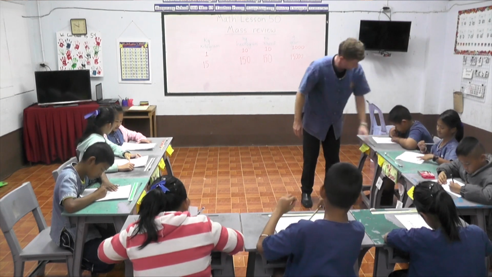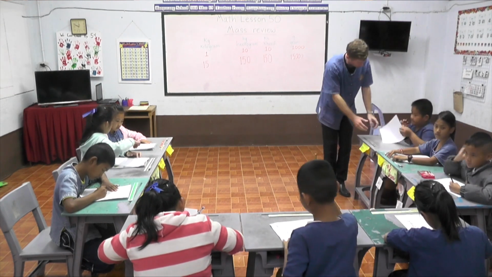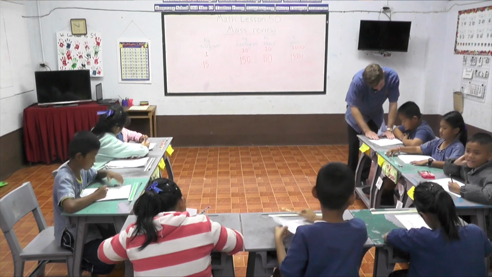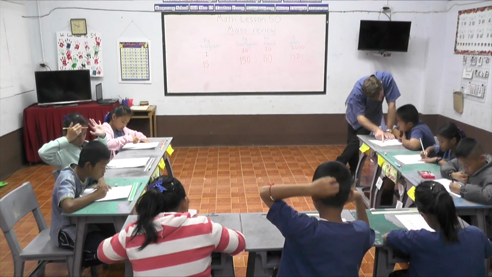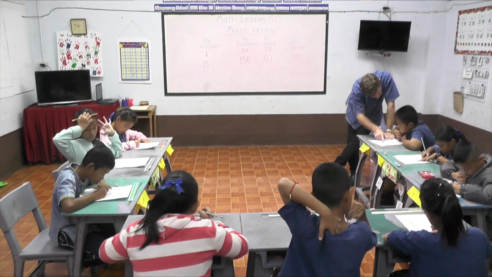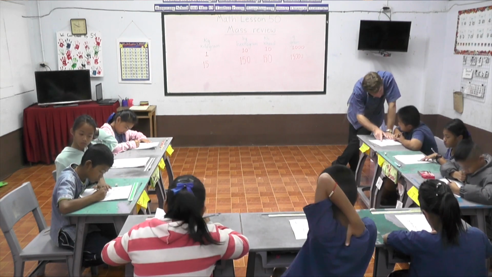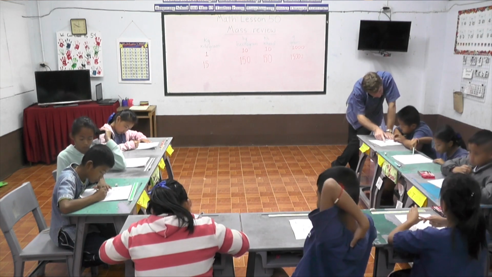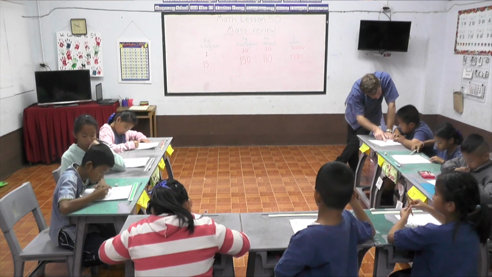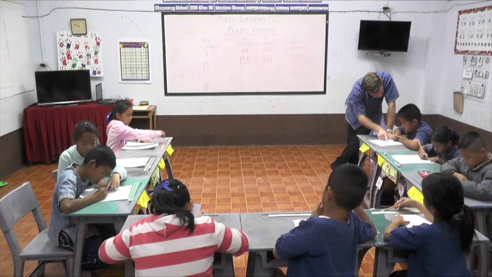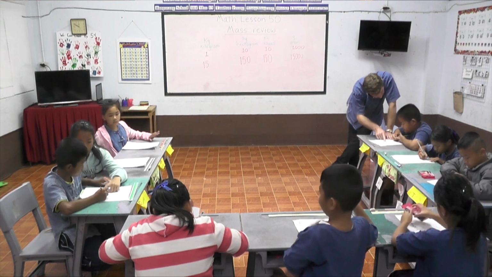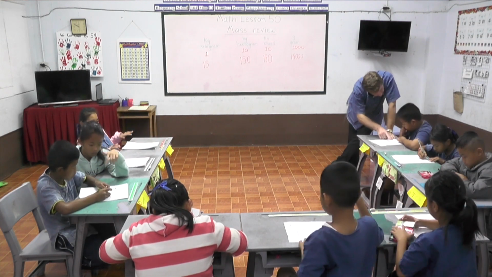Perfect. Ned, okay, can you have a look? So 1 hectogram, can you say 1 hectogram? 1 hectogram, 1 kg. 3 hectograms, 3 kg. 2 hectograms, 2 kg.